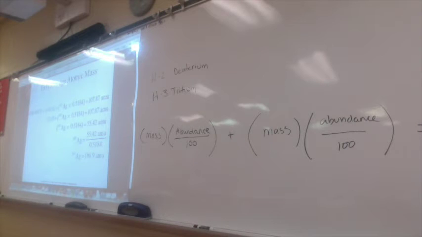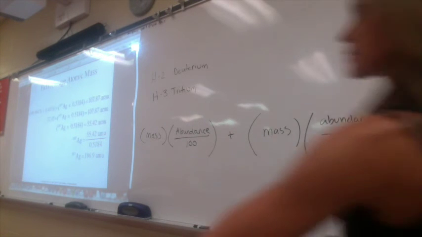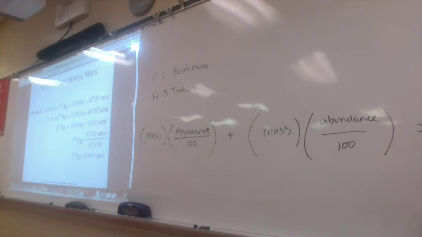Where did the 4 sig figs come from? The abundances. The abundances only had 4 sig figs, right? The masses were much more. Questions? All right, so moving on.